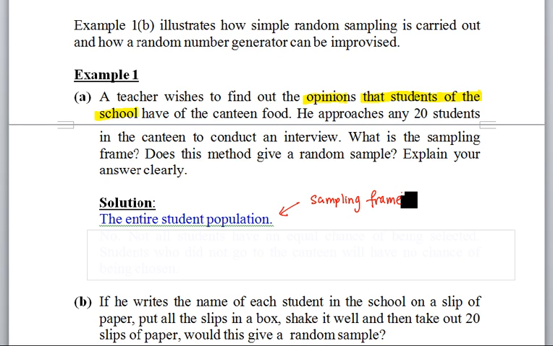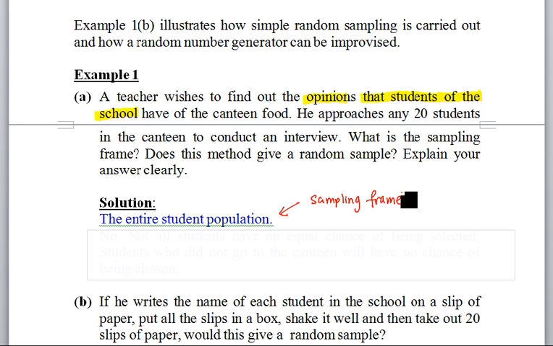Why? I think most of you can get it. Does it give rise to a random sample?